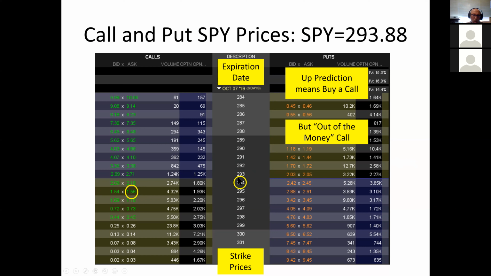The prediction was up. I could go in and buy a call for $1.56. Now, this is just like stocks. You really multiply this by 100. One contract will cost you $156 per contract.